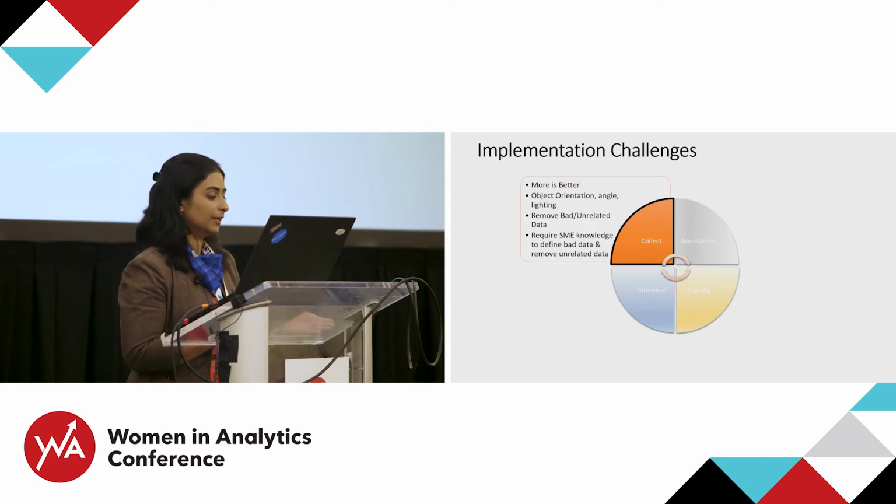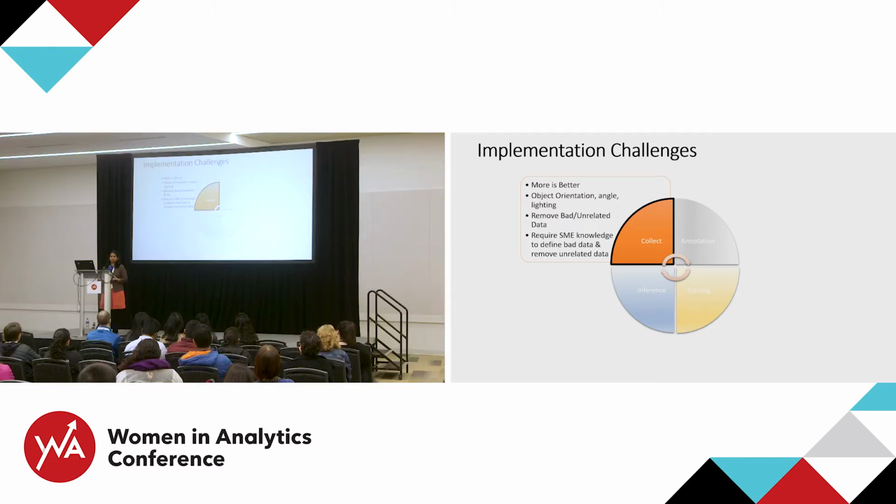Definitely for an electrical surge, you know that you don't need air pressure data to find the fault. But what if the fault is more complex? You do need a subject matter expert to give you the knowledge to define what is bad data and remove these unrelated data. So data scientists and solution engineers would need assistance from them.